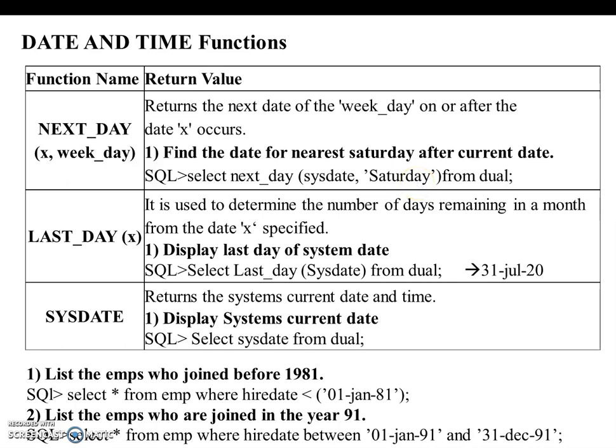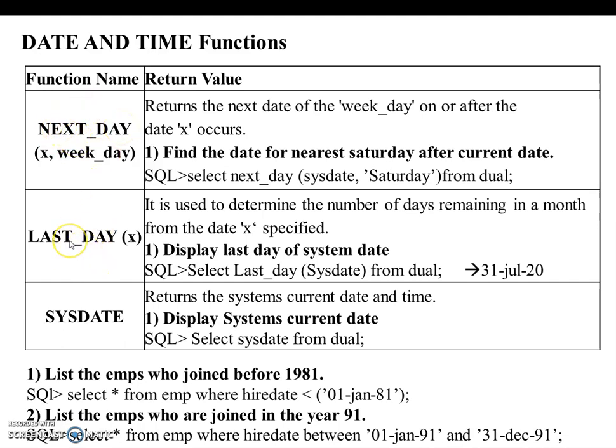I am performing this task for my system date. For this system date, the date of the next Saturday will be displayed here. So for whatever the system date is, the date of the next Saturday will be displayed by using this next day function.